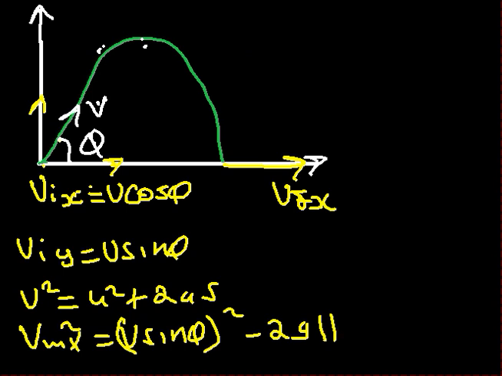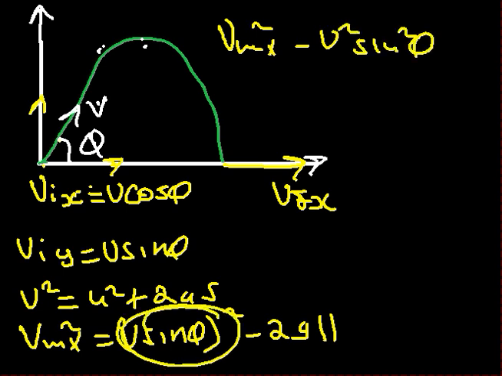So in this case we'll have Vmax squared minus v squared sine squared theta, using the laws of indices, which is the same as negative 2gh.